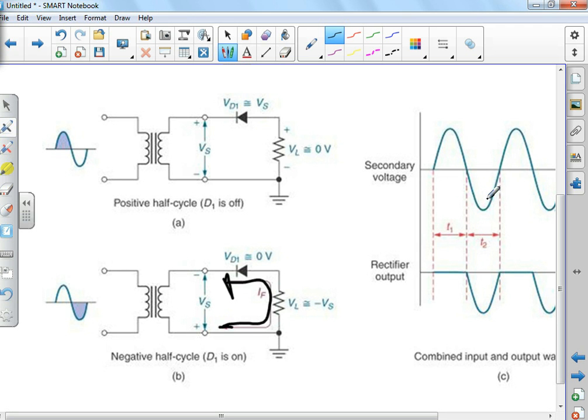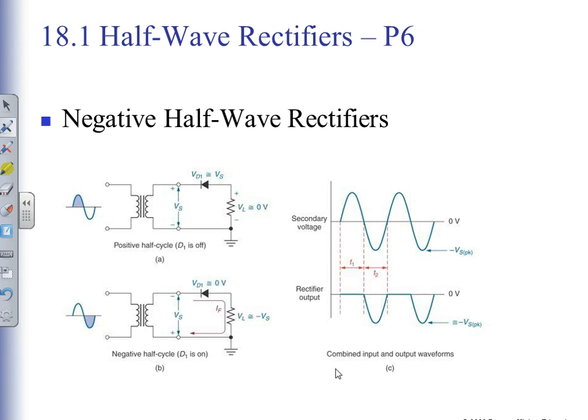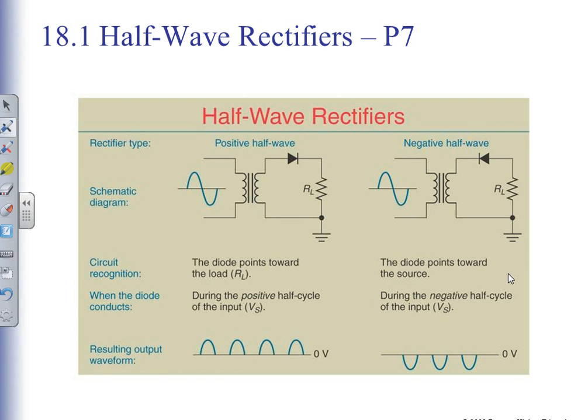And I'm only getting the negative half cycle of the primary voltage. It's the only thing that I'm getting. All right, so there we are. Half-wave rectifiers.